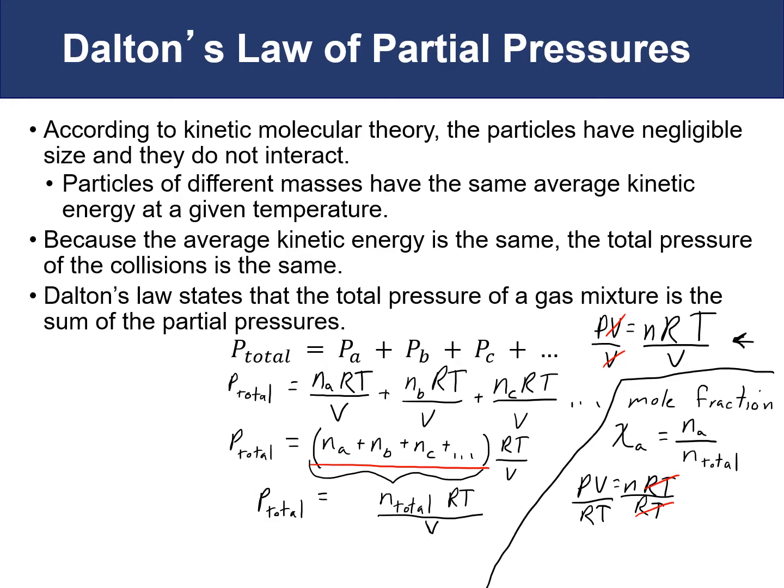If we now use the same concept that we had before of our partial pressures, what we can do is come up with another way of determining the partial pressure given the total pressure based on this idea of mole fraction. So if we work in our space over here, right?